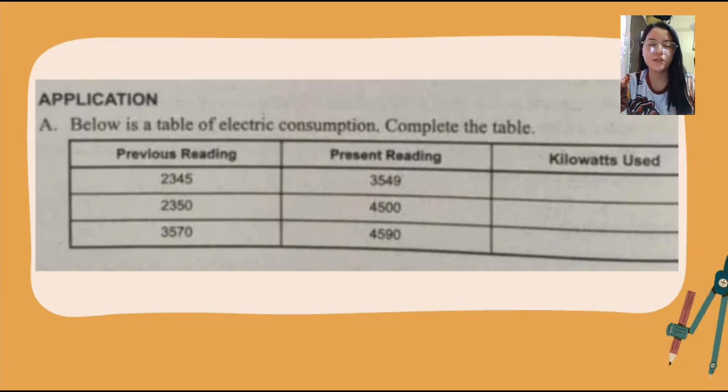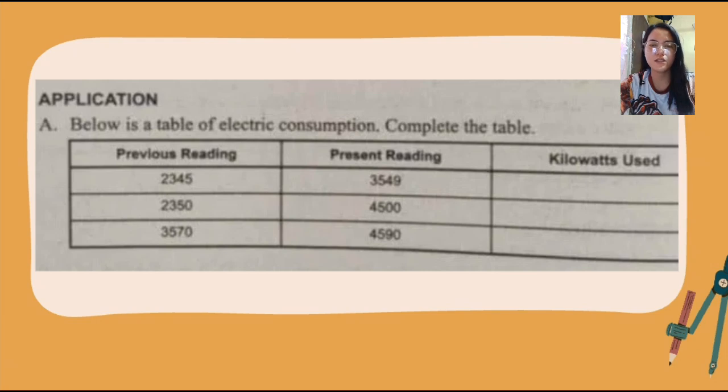Last, here now is completing the electric consumption table. Now let's use what we just learned to fill in the kilowatts used. In this column of your table, subtract the previous reading from the present reading for each row. So this is the previous and present readings, and the kilowatts used.